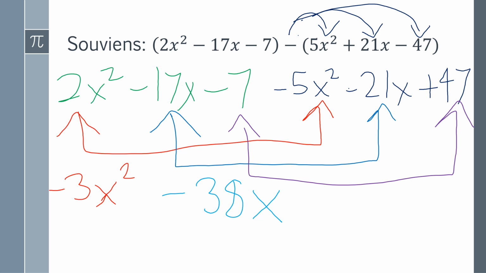So if I owe you $7, but I paid you 47, you just owe me $40 back in change. And I want my change. Now let me come off the screen. Just like that, y'all. That's how you do that.